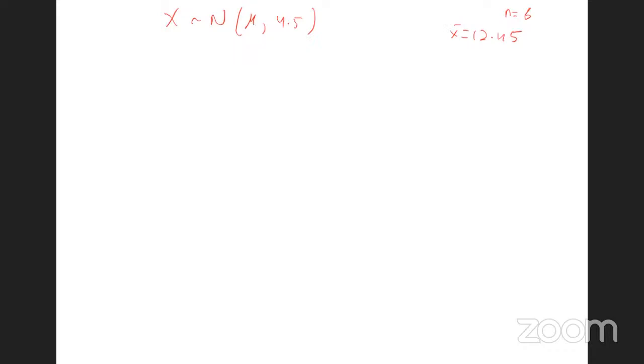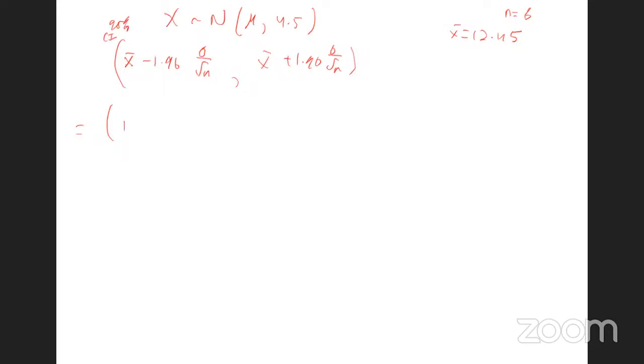Right, so basically the formula is x bar minus 1.96 sigma over root n, and x bar plus 1.96 sigma over root n, right? I'm using 1.96 because it's a 95% confidence interval.